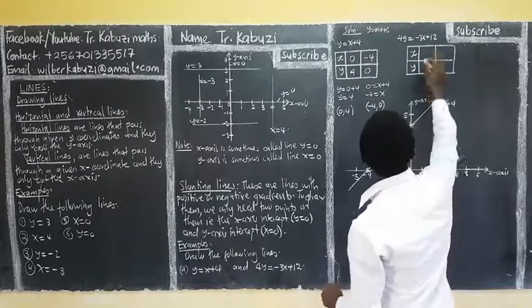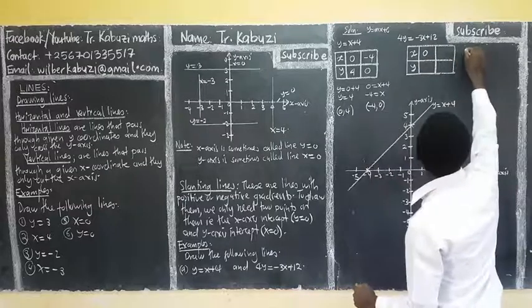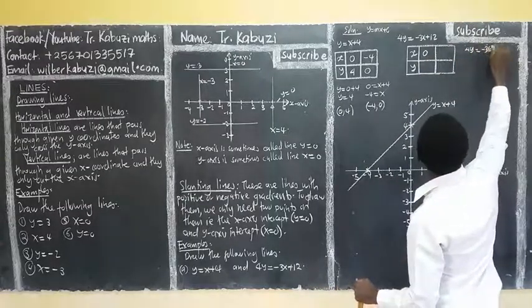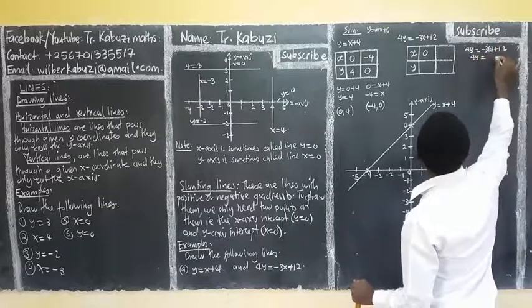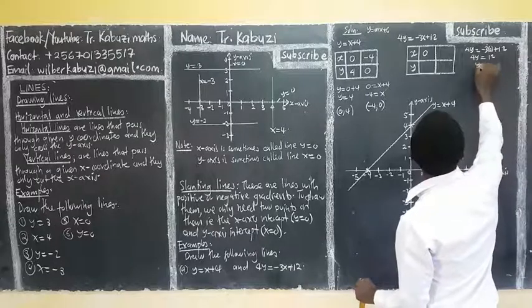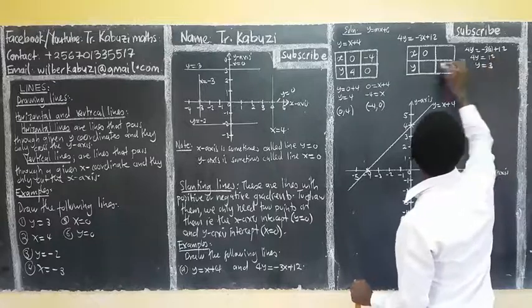Anyway, when x is 0, we put 0 here. We have 4y equals negative 3 into 0, plus 12. So 4y equals 12, and y will be 3. So when x is 0, y is 3.